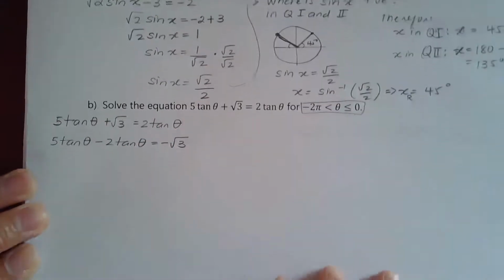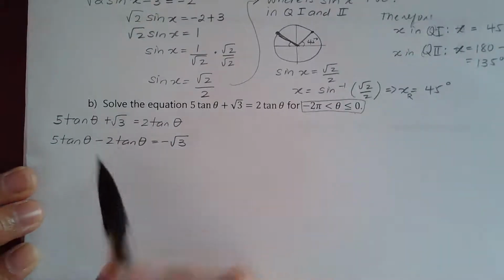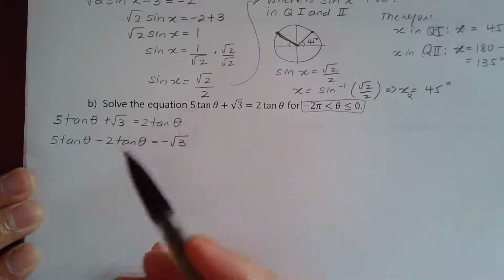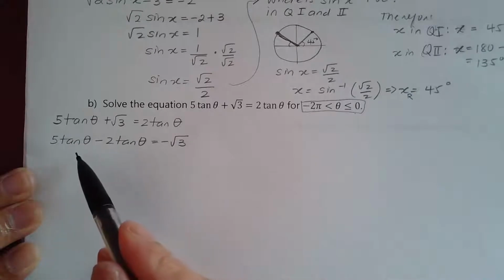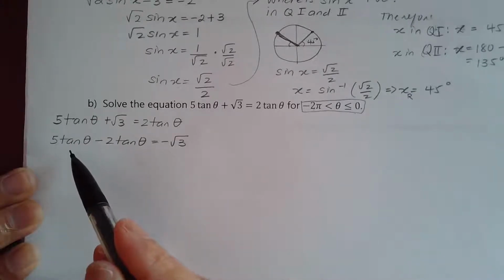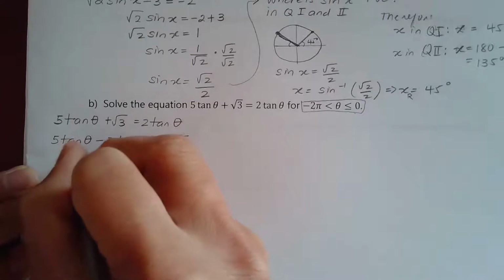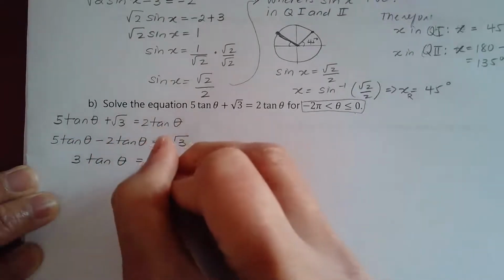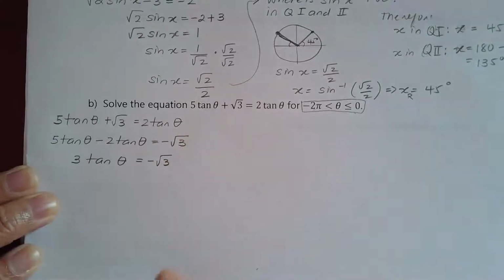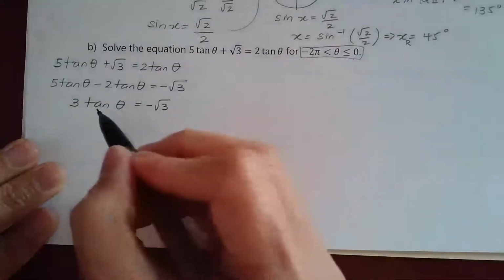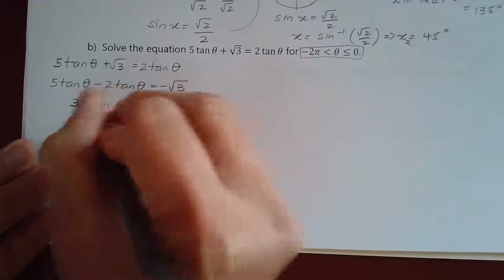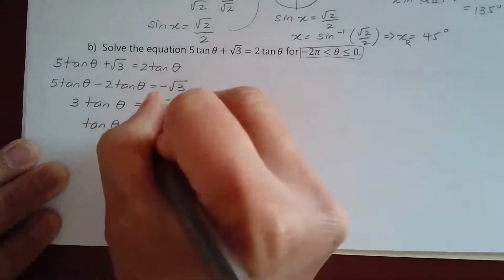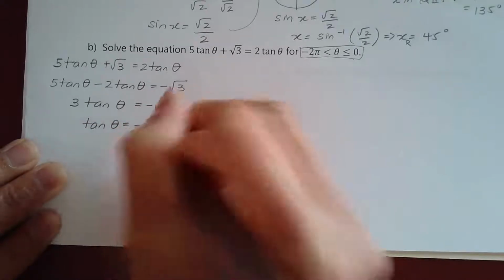Now, 5 tan theta minus 2 tan theta is 3 tan theta. We divide both sides by 3, so tan theta equals negative root of 3 over 3.